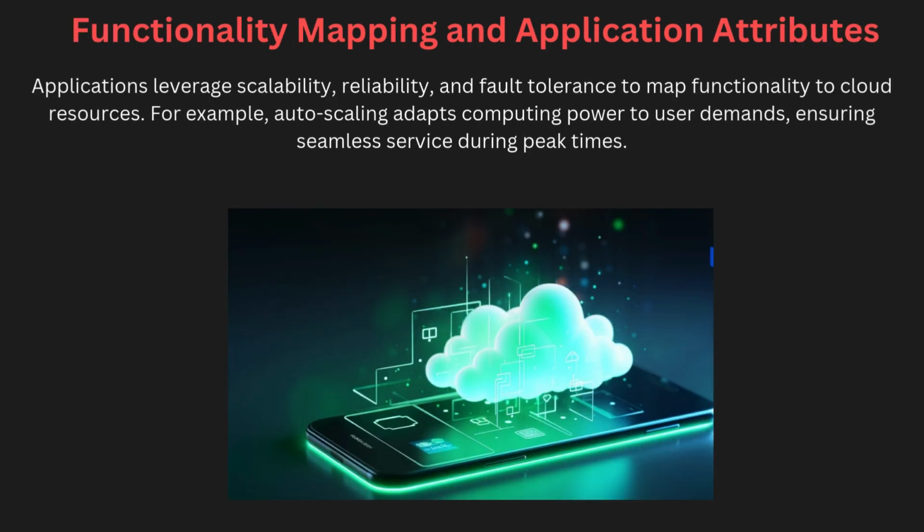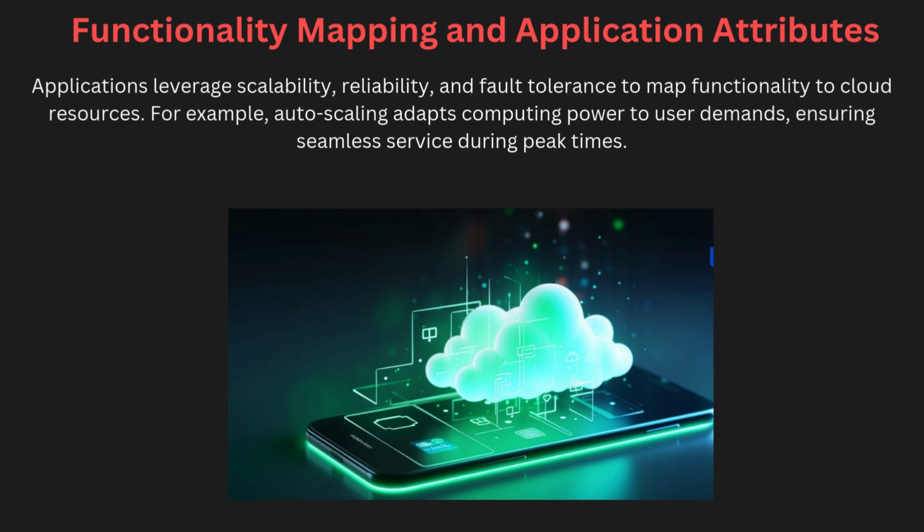So now functionality mapping and application attributes. Functionality mapping involves aligning application processes with cloud infrastructure capabilities. For instance, a high demand application might leverage auto scaling to allocate more computing power during peak times.